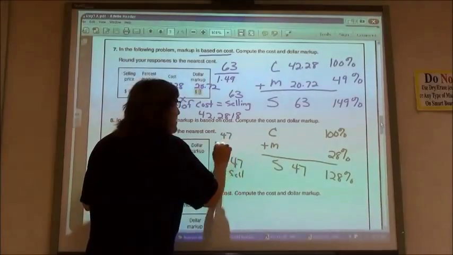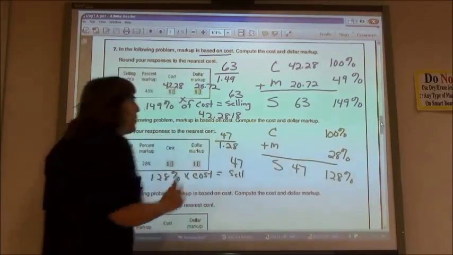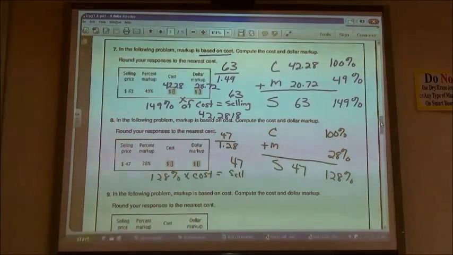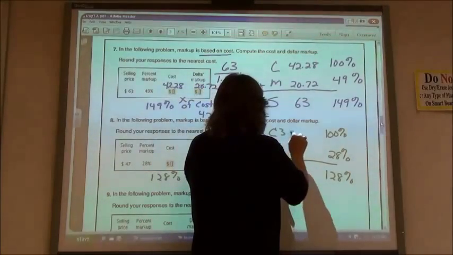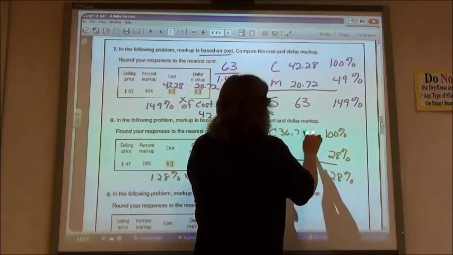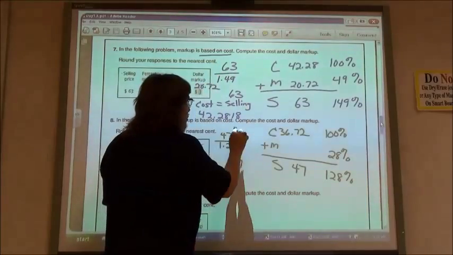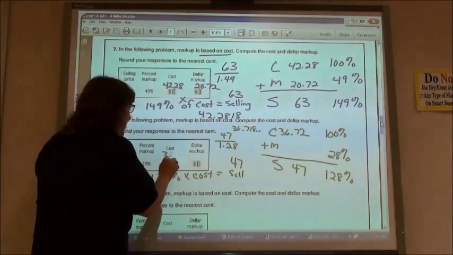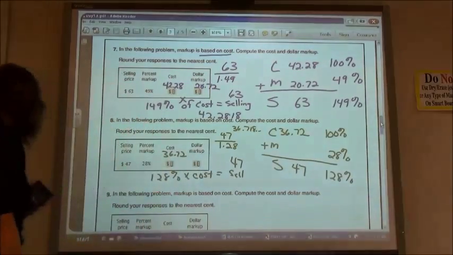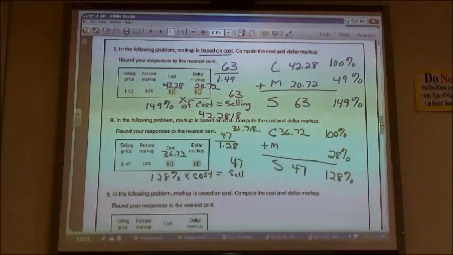So 47 divided by 1.28 is how I'm going to calculate that cost. 47 divided by 1.28 gives me $36.72 when I round it off. 36.718, so I round it off to 72. $36.72 is what my cost was.